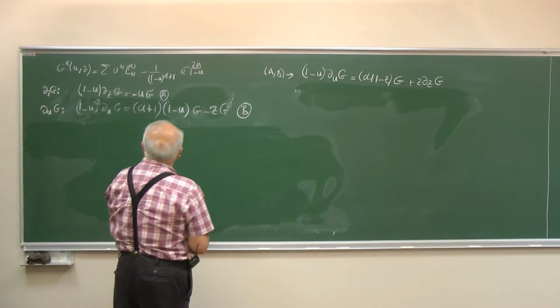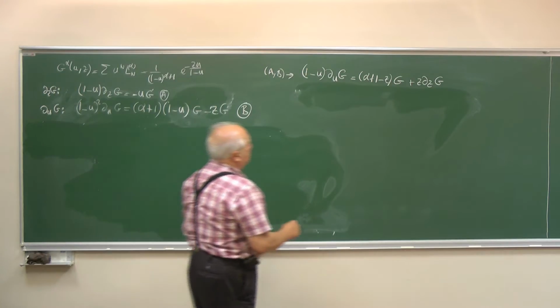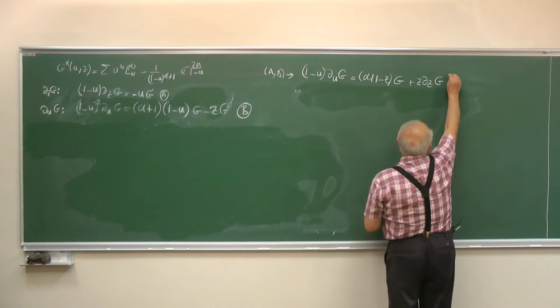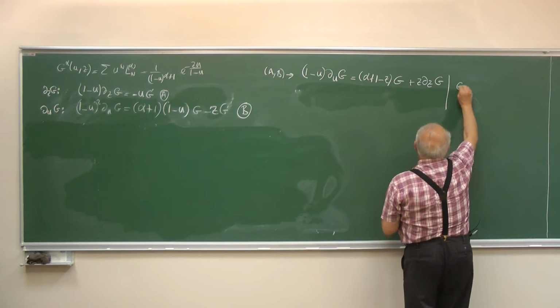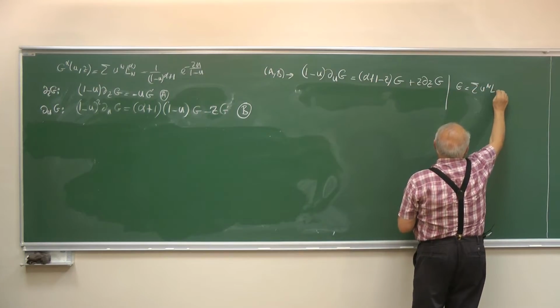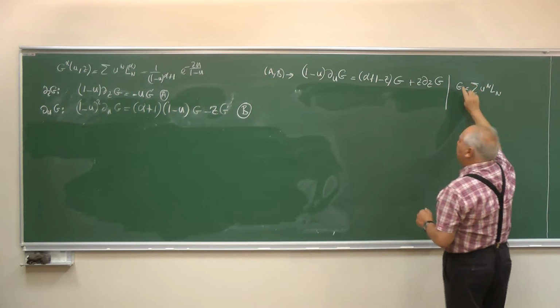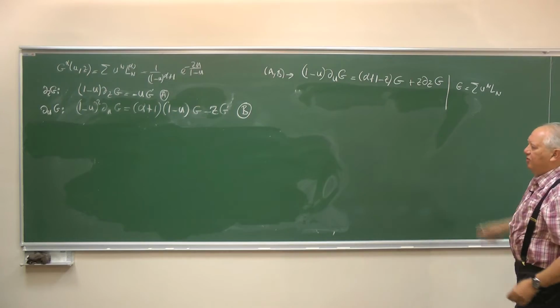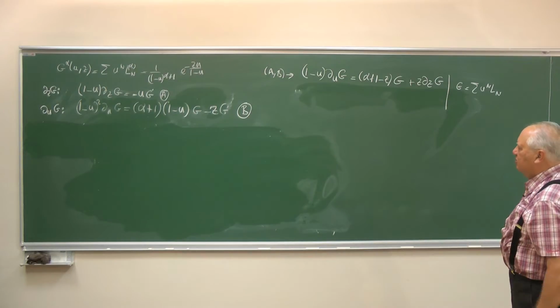So let us write here all of them. G is the sum of u^n L_n. Remember, alpha indices are suppressed just for the economy of writing. At the very end, I will put them back in.